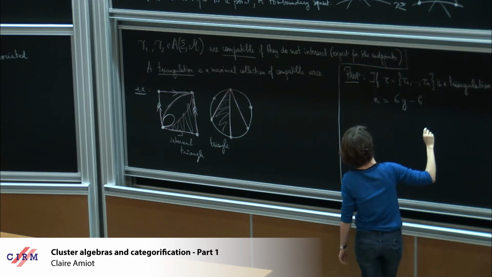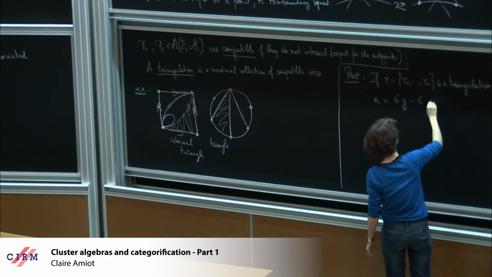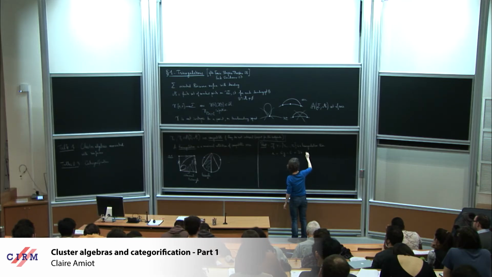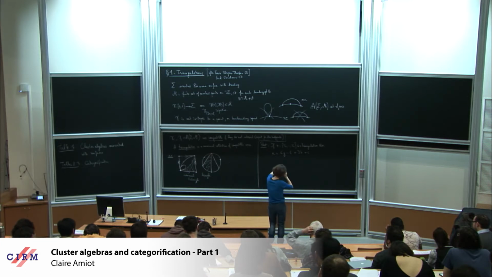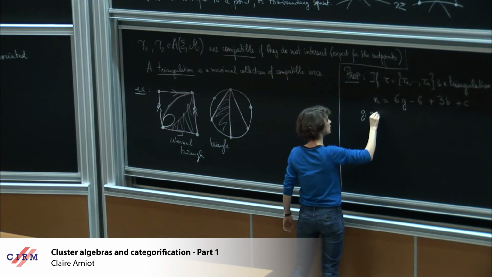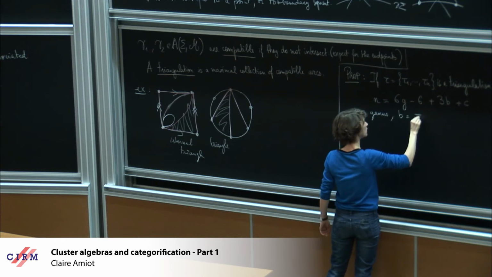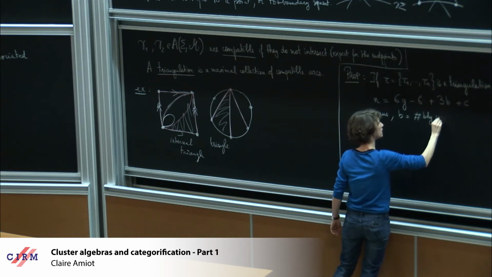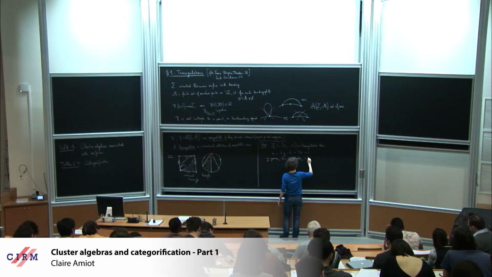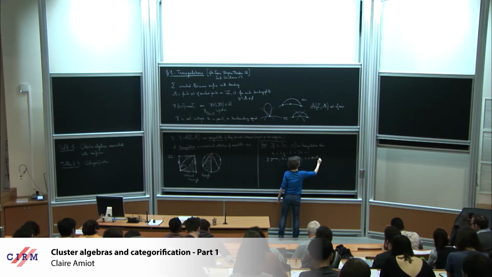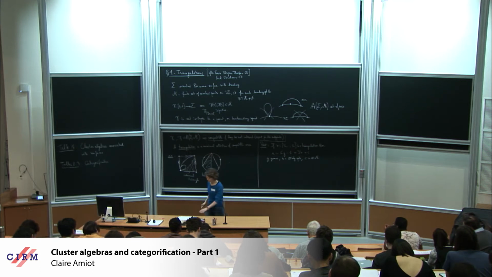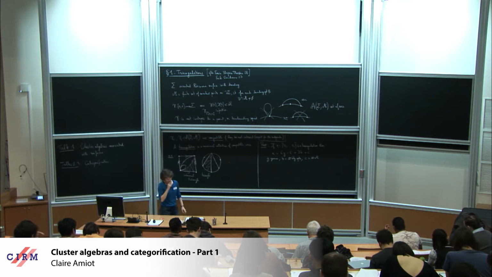The number of arcs is always 6g minus 6 plus 3b plus c. So g is the genus, b is the number of boundary components, and c is just the number of marked points.